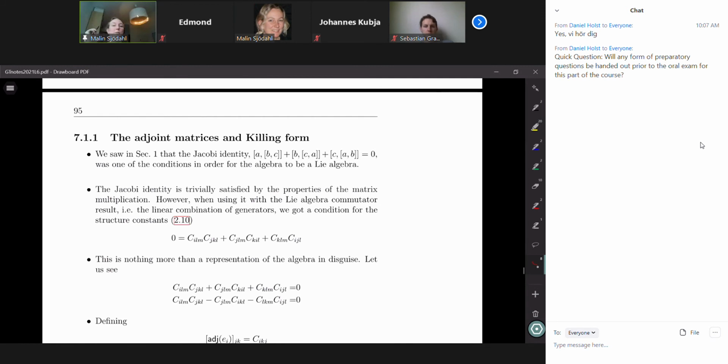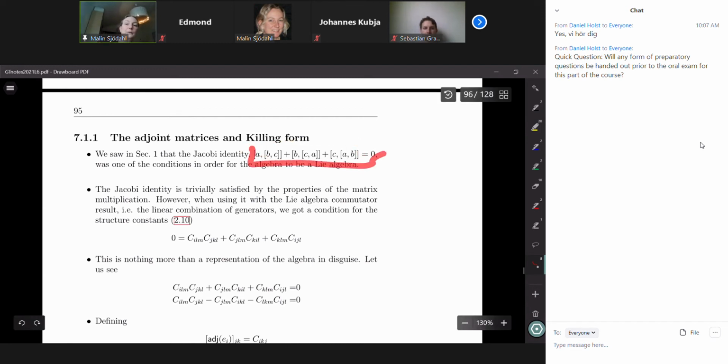Okay, so now we go back all the way to the Jacobi identity that we had. Here it is. It's all the cyclic permutations A, B, C of this guy here. This was one of the constraints we had on an algebra. If this was not fulfilled, we said we didn't even have an algebra.